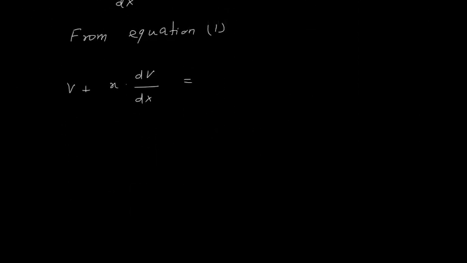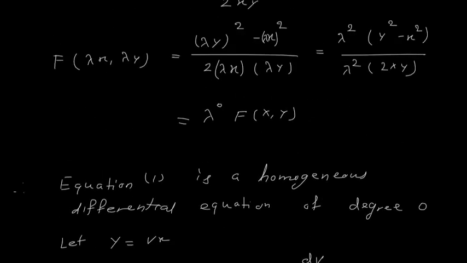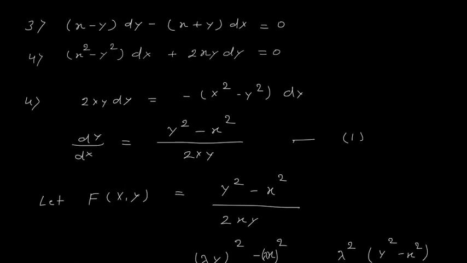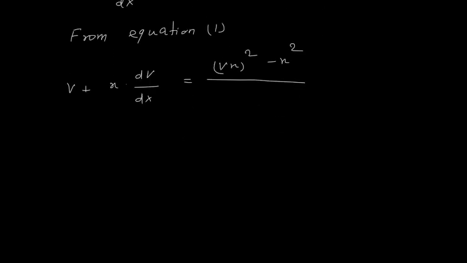So y square means vx the whole square, y square minus x square divided by, denominator is 2xy. So 2x and in place of y we write vx.